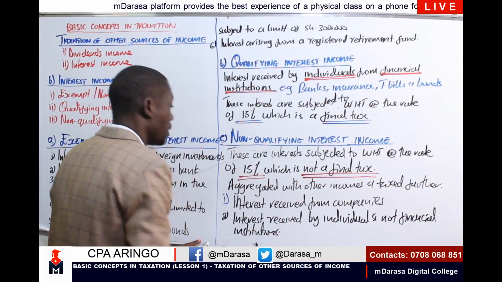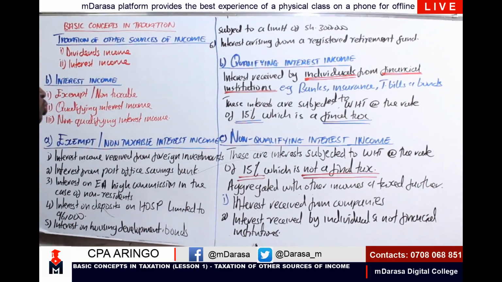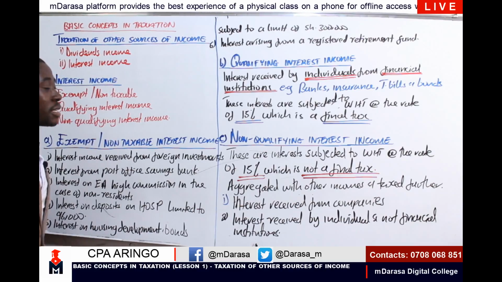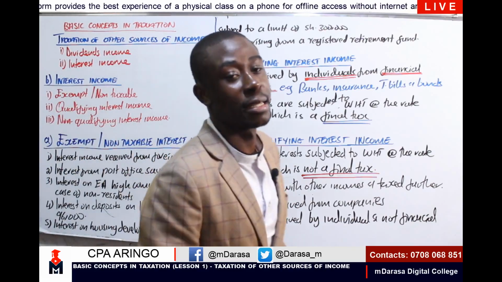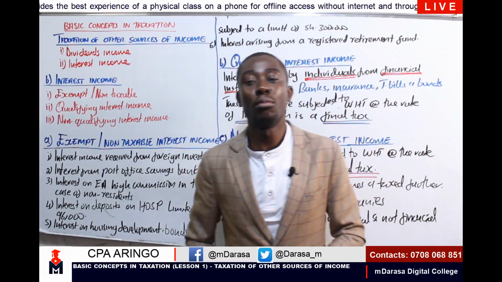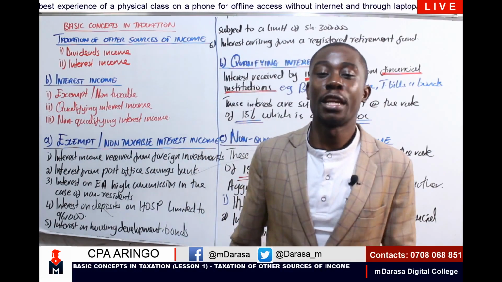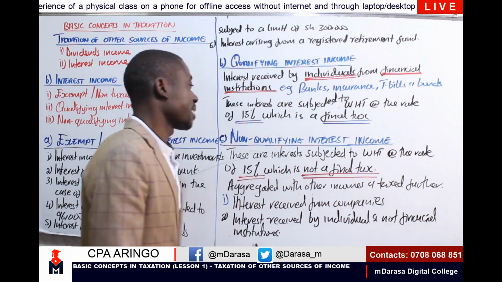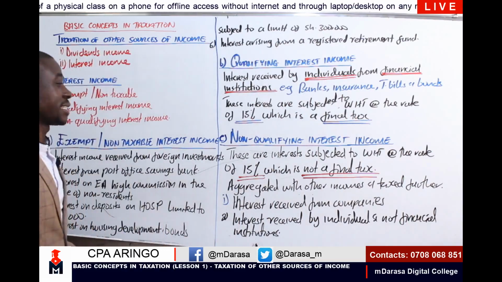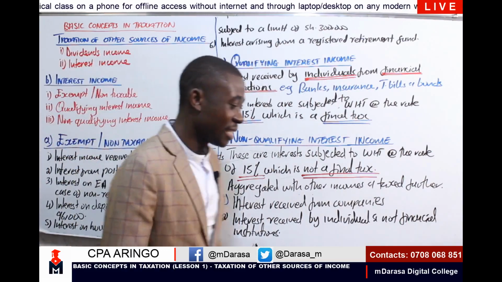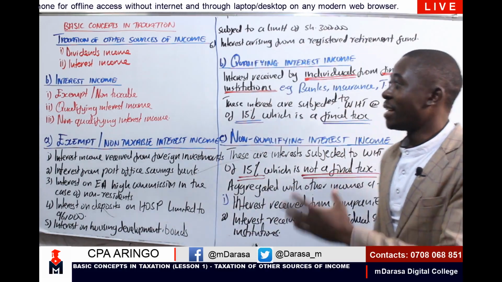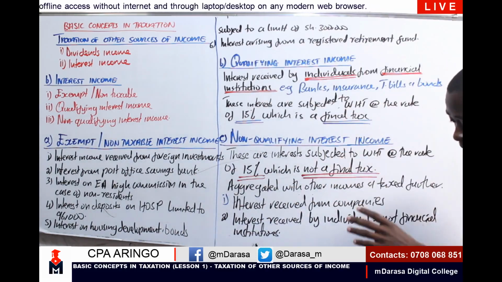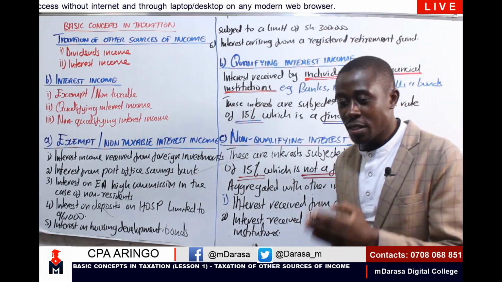Then finally, we can talk of interest received from housing development bonds in excess of 300,000. So basically that brings us to the end of a very important and key concept that for you to pass tax, you must be very good at.